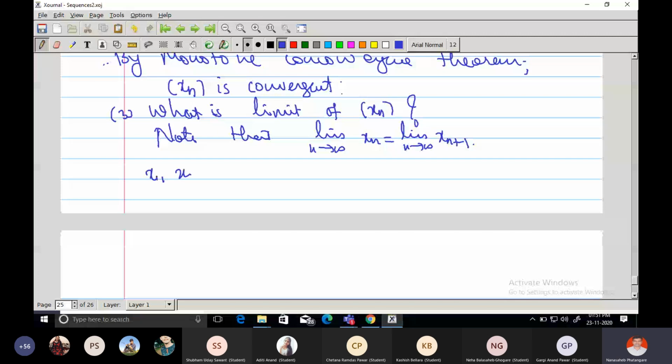The destiny is the same, right? As n tends to infinity or n plus 1 tends to infinity, what is the difference? Do you understand?